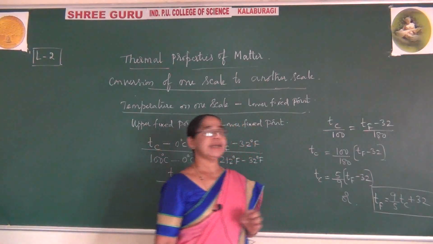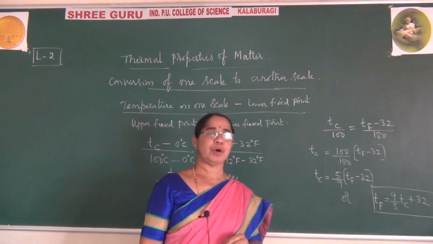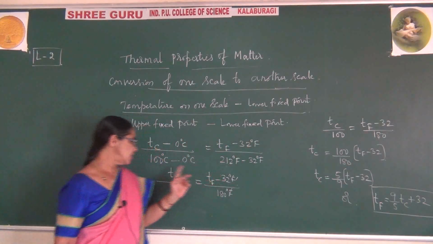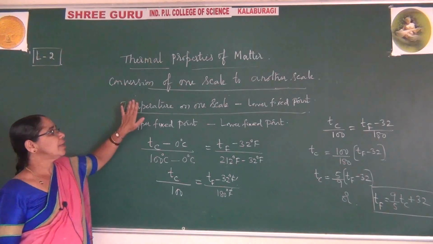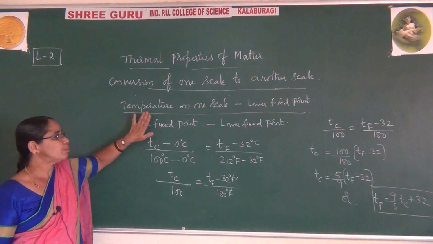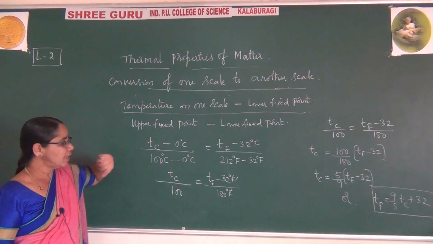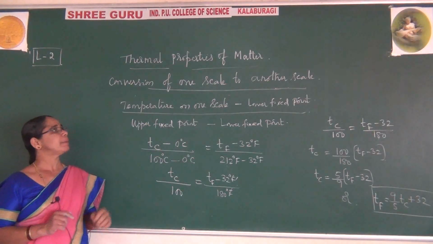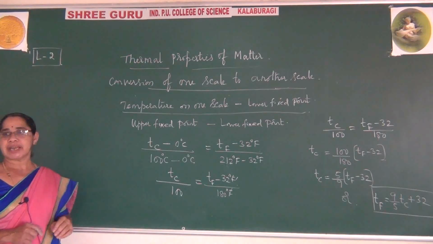Now I just want to say one more very important point. Today we have learned two scales, the Celsius scale and the Fahrenheit scale. Also we have learned the fixed points, upper fixed point and lower fixed point. Again we have learned conversion from one scale to another. Now I will show one graphical representation for these two scales.